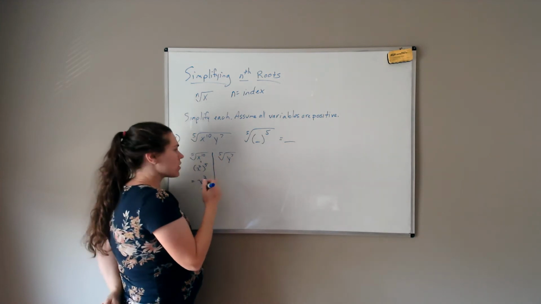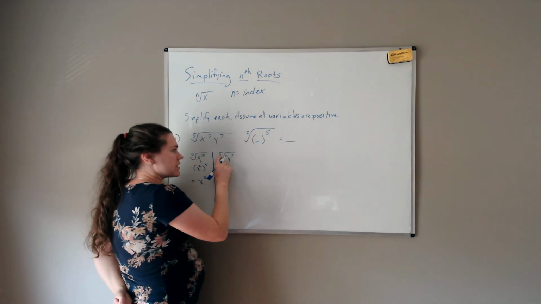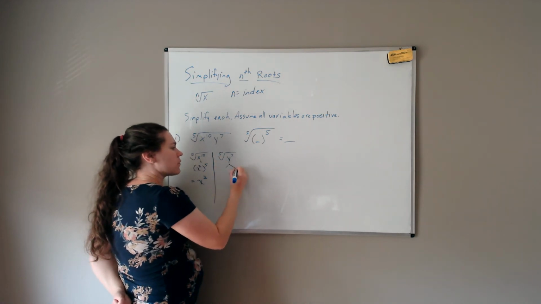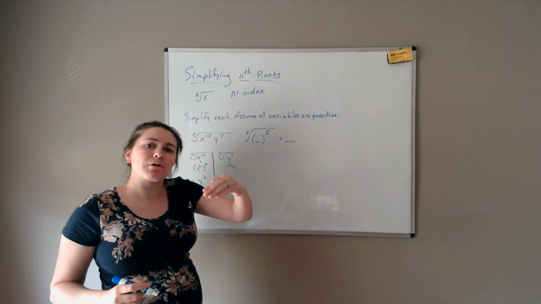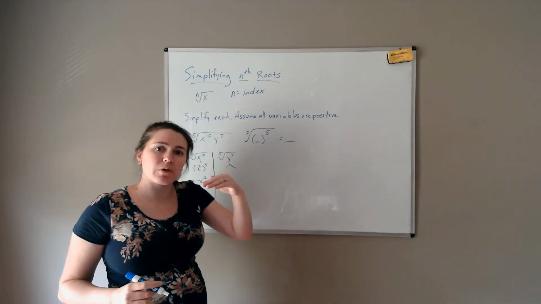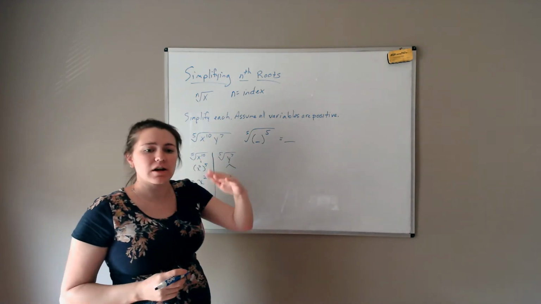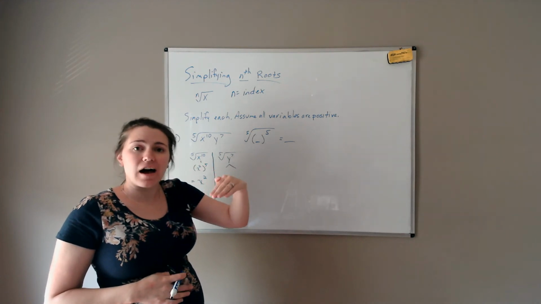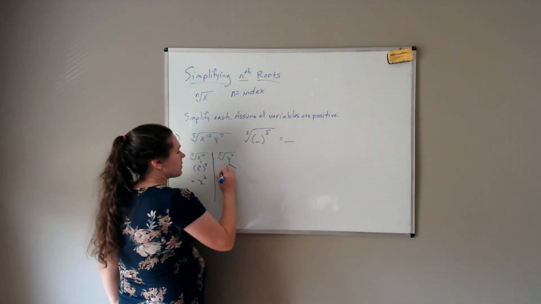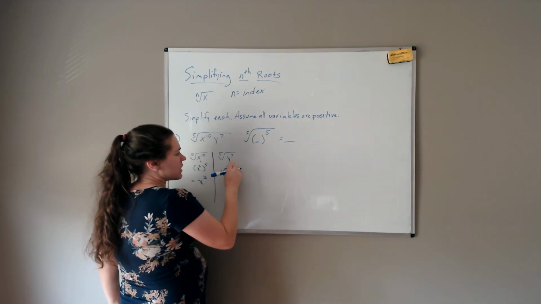Now, does this need to be simplified? Yes, because the exponent is greater than or equal to the index. So next, is this a multiple of the index? No, so that means I want to break this up. Counting down from 7, you need to hit the largest multiple of the index, the largest multiple of 5, counting down from 7. So 7, no. 6, no. 5, yes. So we're going to break this up to be y to the 5th times y to the 2nd, which is the same as y to the 7th.